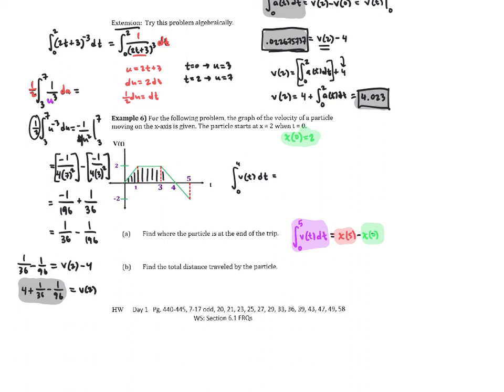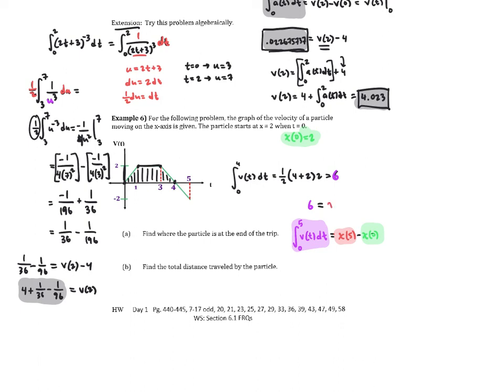That's going to be half times base 1 plus base 2. Base 1 is 4 units. Base 2 is 2 units. And the height would be 2 as well. So that's going to equal, oh gosh, is that 6? Yeah, that's 6.